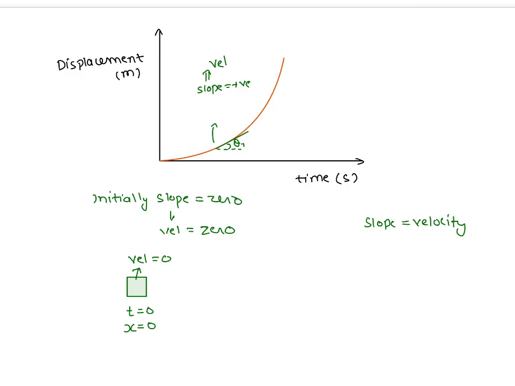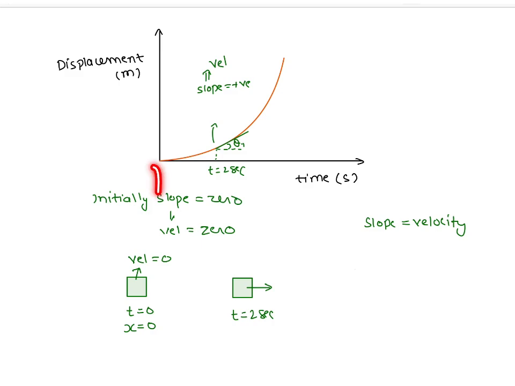So after some time, let this time be t is equal to 2 seconds. At t is equal to 2 seconds, its velocity is positive. That means the particle is moving towards the right.